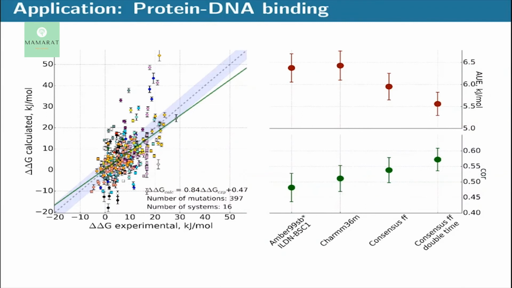So maybe it is both inaccuracies in the experiment, or a limitation of the measurement range from the experimental side, and also inaccuracies from our calculations that contribute to this slightly larger error. And again, we probed Amber, CHARMM, and the consensus force field, and we see that with a consensus approach, we are outperforming any individual force field taken separately.